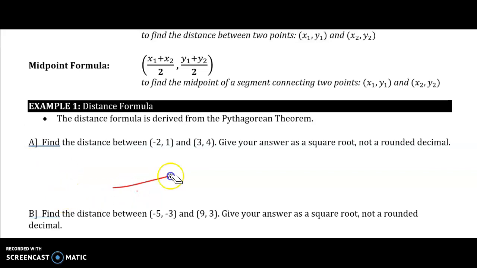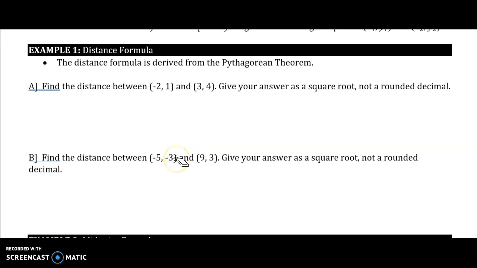Sorry about that. I forgot to erase. So we're going to start with the distance formula. We have 2 points, and we need to find the distance between them. Bear with me as I work through writing on a new device that I have. So we're trying to find the distance.